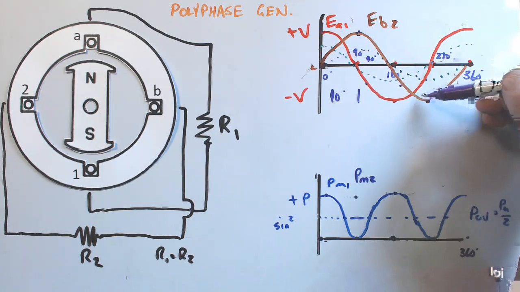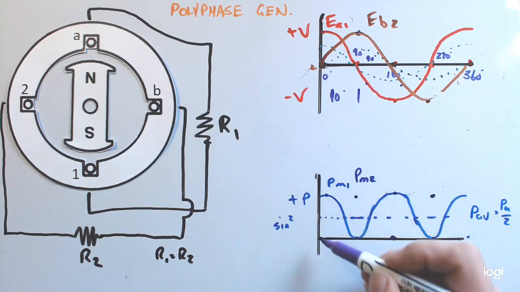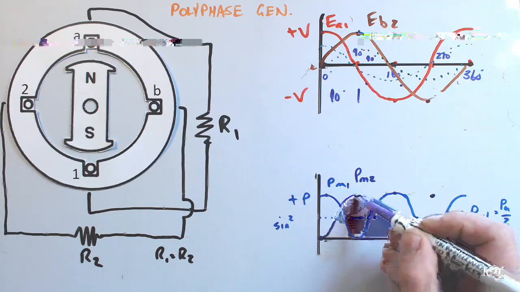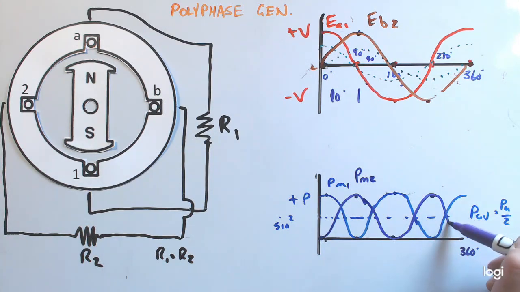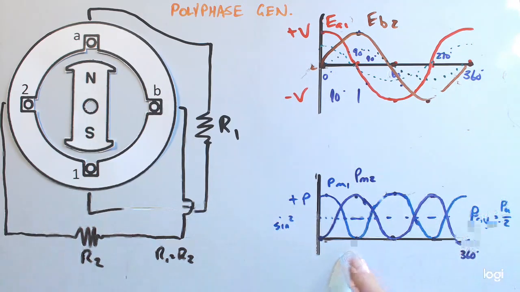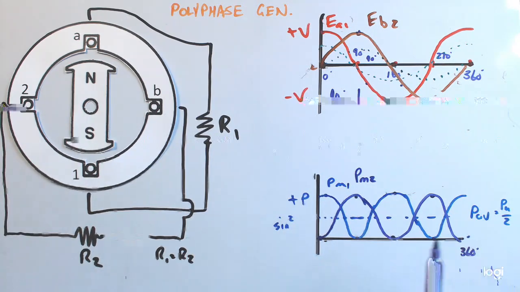When we have our negative peaks for EB2, our negative current, we're going to get a positive power pulse. And if I draw this waveform here over top of the original power waveform, we can see that we now have two power waveforms that are actually additive in nature.